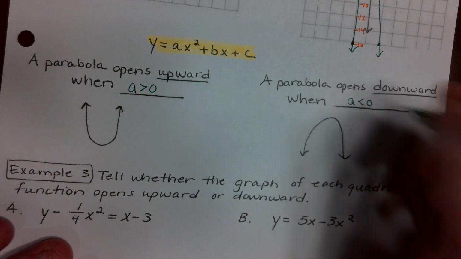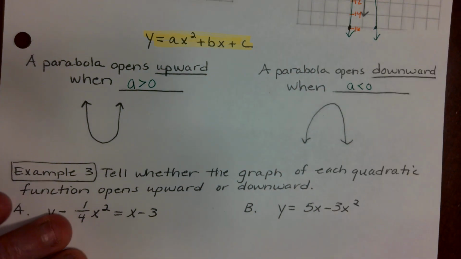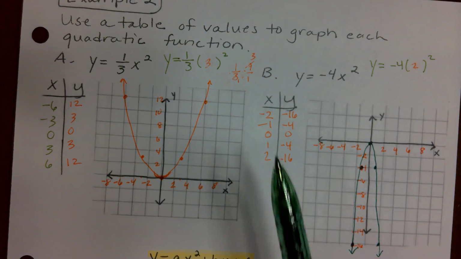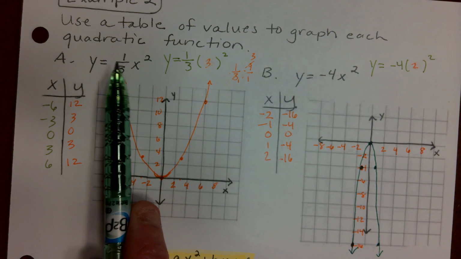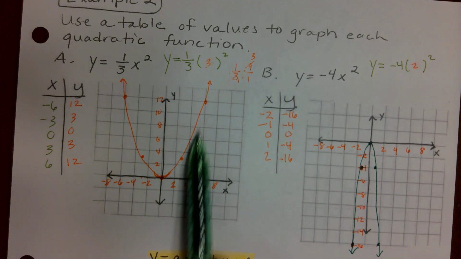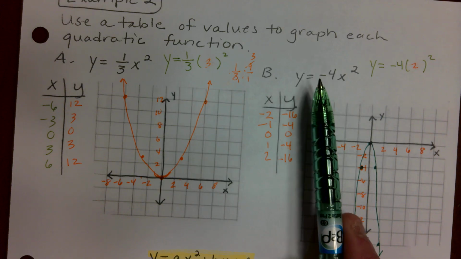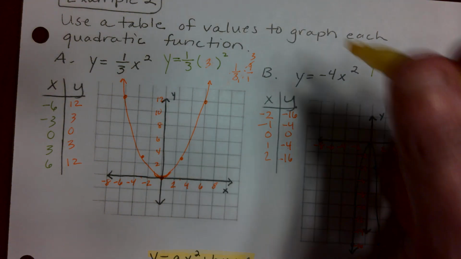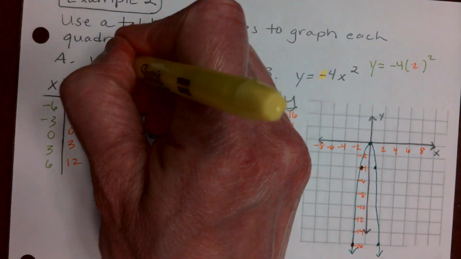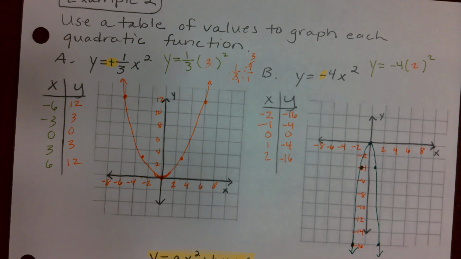A is going to be less than 0. Okay. So let's look and see if that's true up here. The A, what's the value before the x squared? It's 1/3. It's a positive number. Goes up. What's before the x squared? It's a negative. That's why it's going down. Okay? It was not the number, it was the sign before it. That's what told us it went up or down.